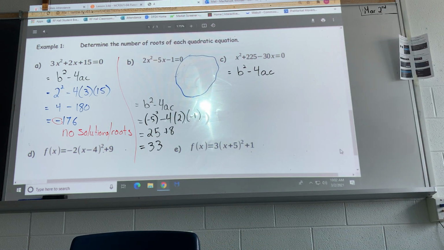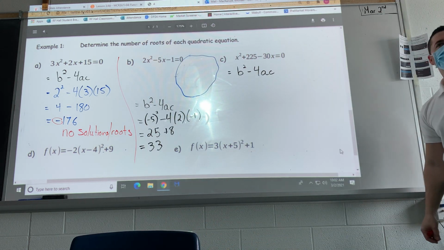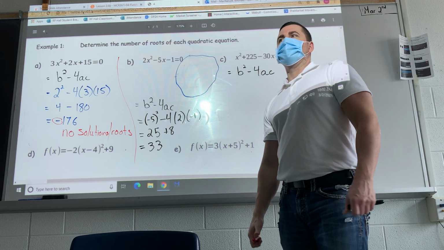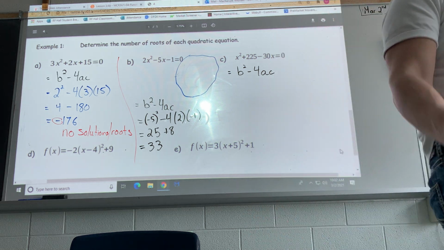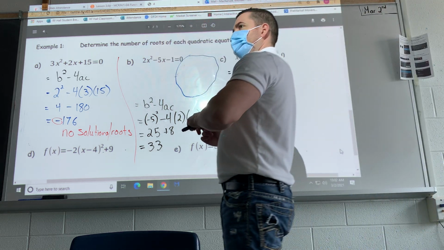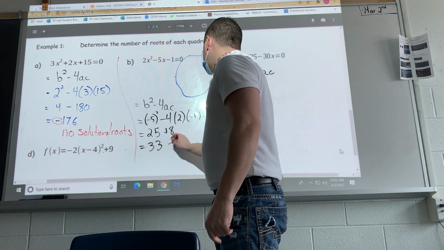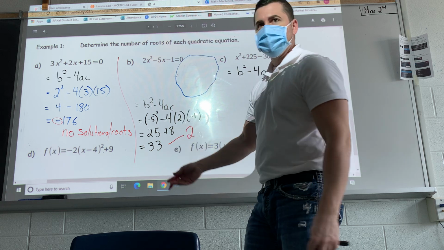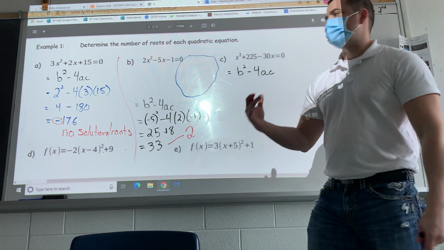2, 1, or 0 solutions? Someone said it. 2 solutions, okay? So we have 2 solutions, or 2 roots, or 2 x-intercepts.